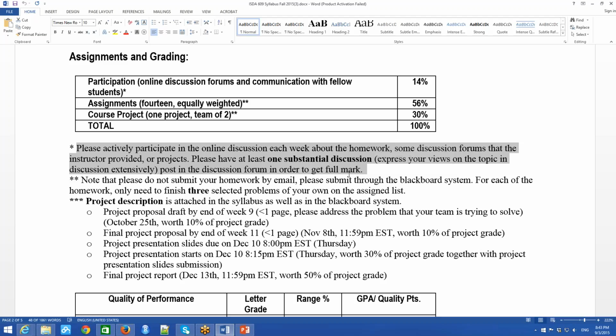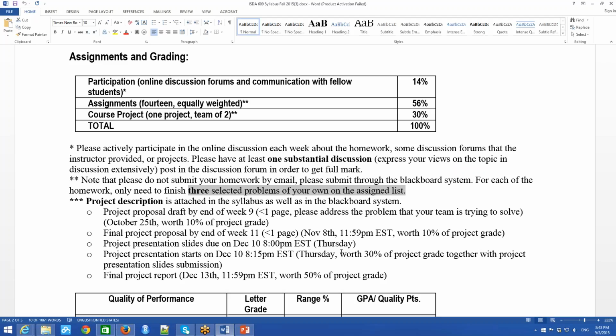For assignments, there are 14 assignments, meaning almost each week you have an assignment. In the assignment list, I probably have more than 3; the majority of the time I have 5 to 6. You only need to finish 3 selected problems of your own choice on the assigned list.